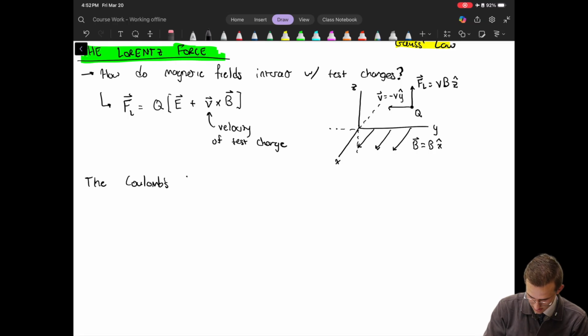of magnetostatics. And that is Biot-Savart.